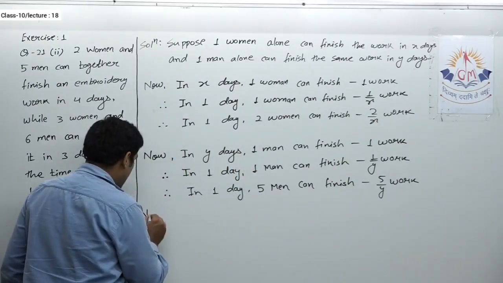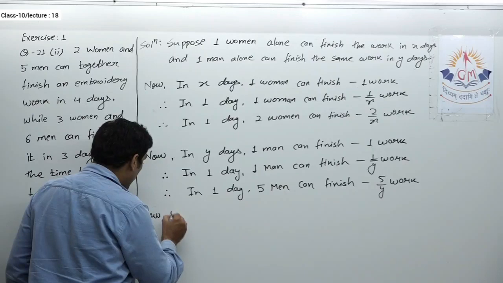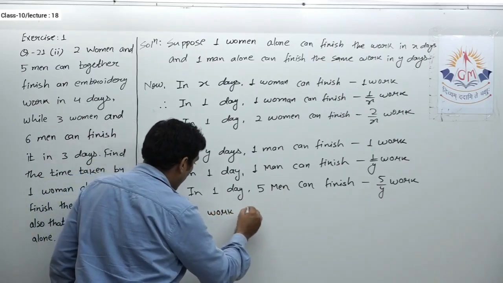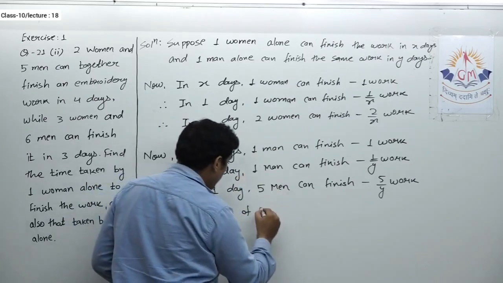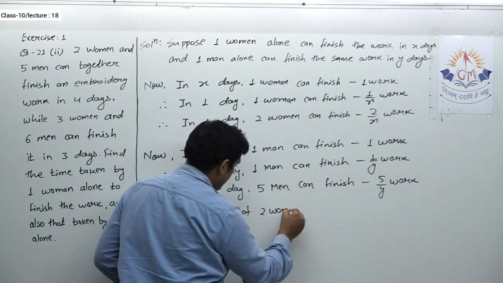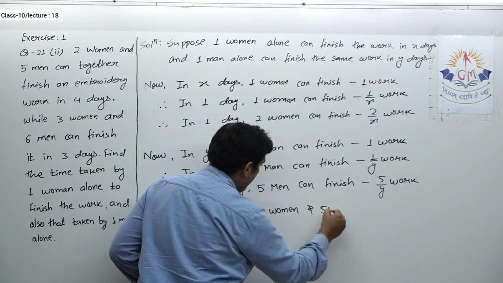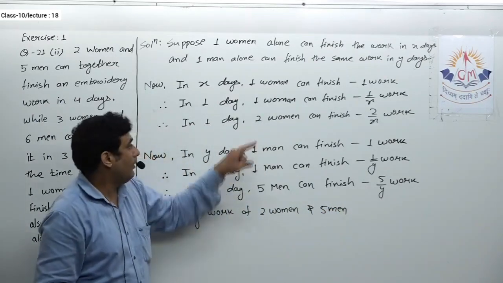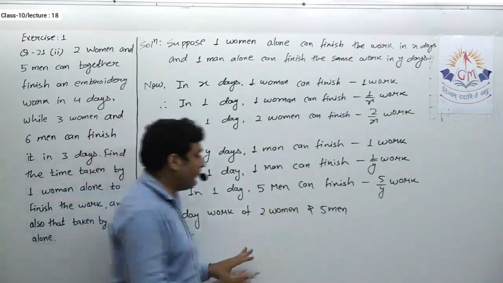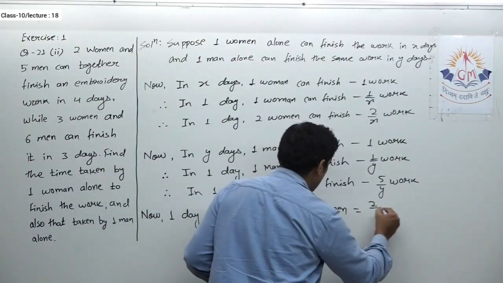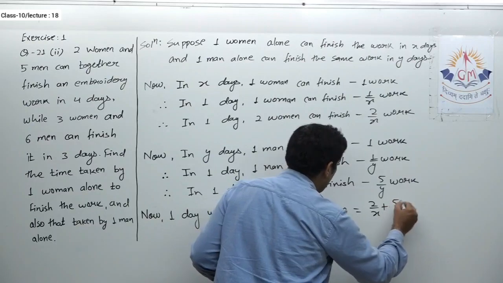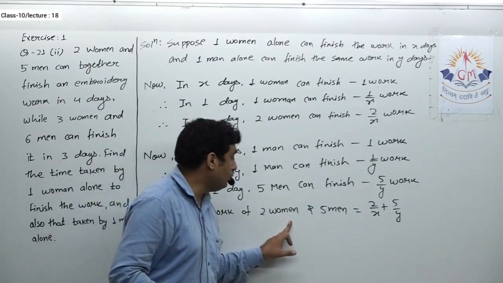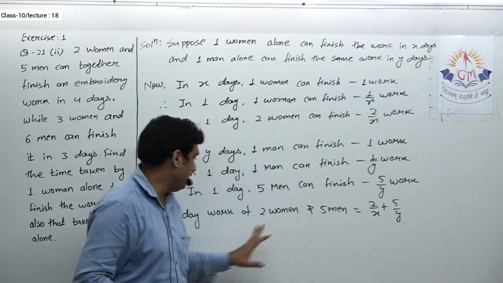So now I can write, now one day work of 2 women and 5 men. Okay, if I combine the one day work of 2 women and 5 men, then it should be equal to their sum, that means 2 upon x plus 5 upon y. This is the one day work of 2 women and 5 men, isn't it?